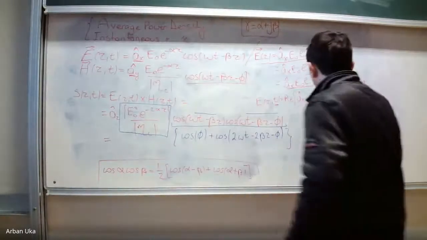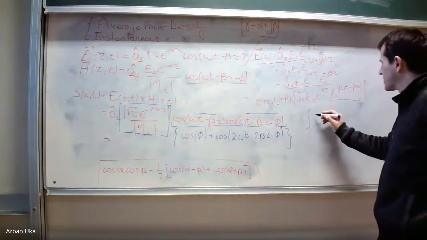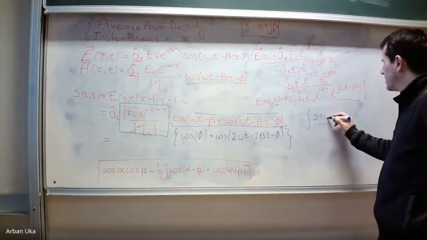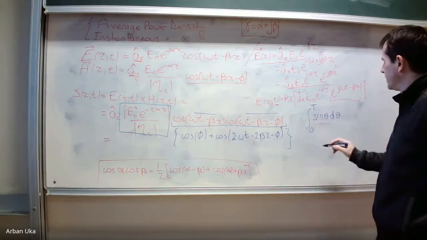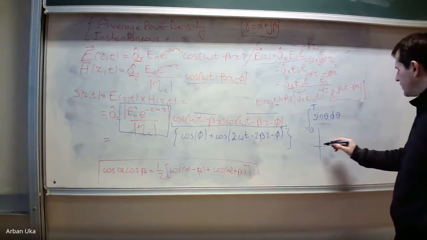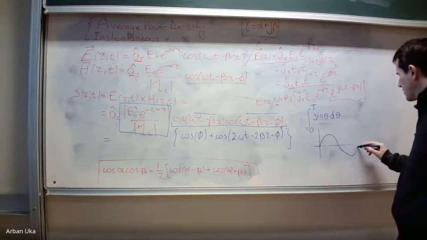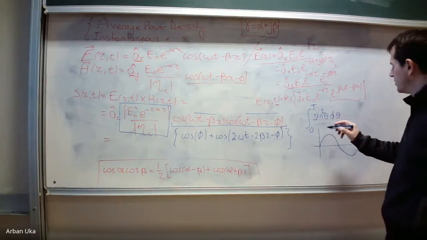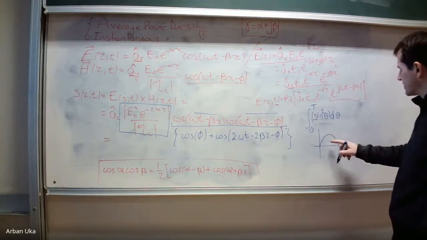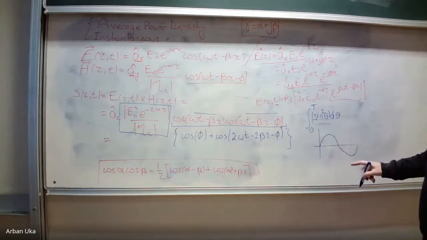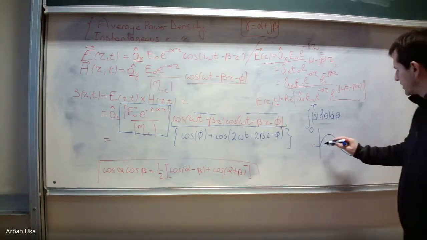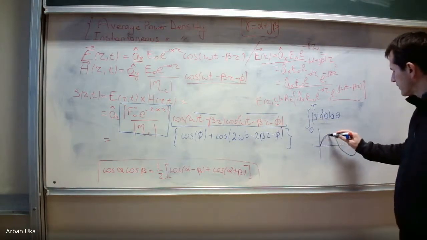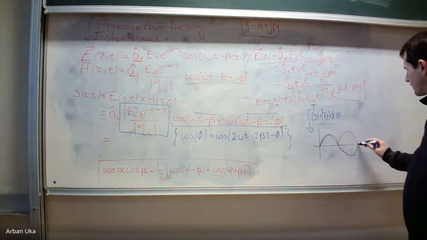This is just a reminder. So we do something like this. We have sine squared theta, d theta, from 0 to T. What do we mean by this? If we have a sine wave which has a complete cycle like this, we take the square here, and we get the root mean square. So if we square this, the square is going to look like this, right?